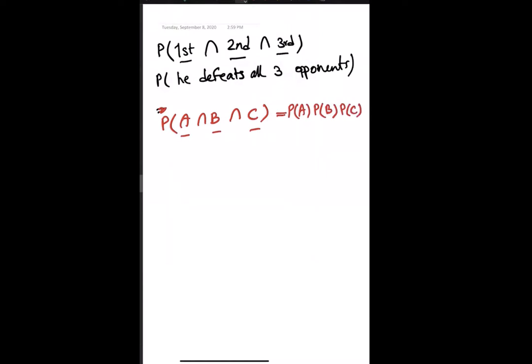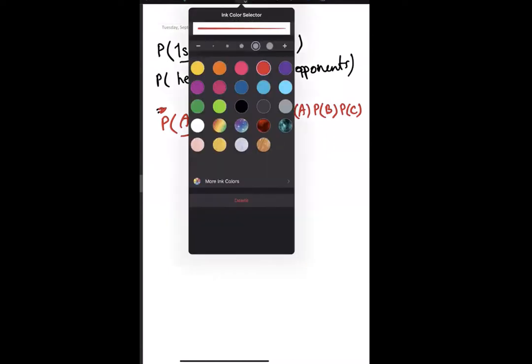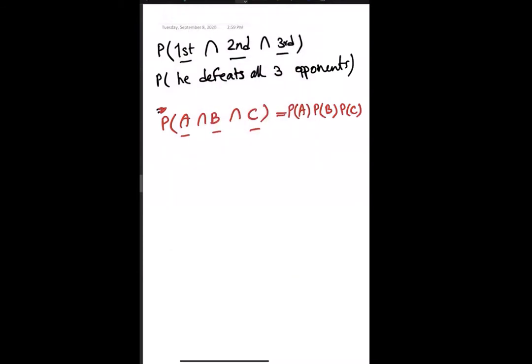Okay, so given that, how can I write the probability that I want? The probability that I defeat the first opponent, and I defeat the second opponent, and I defeat the third opponent.